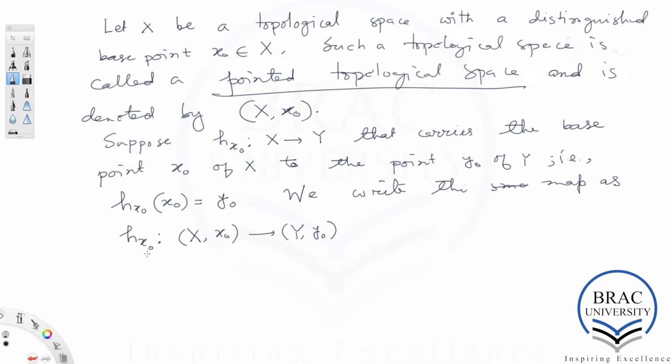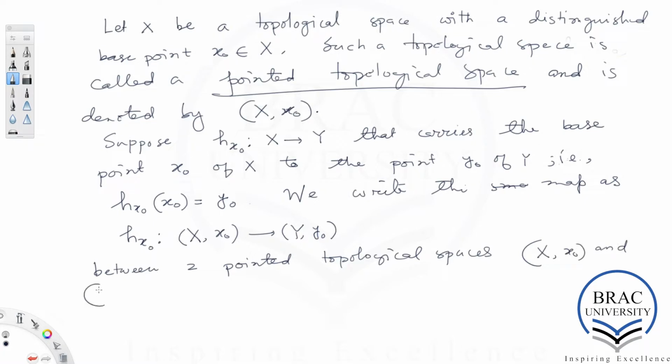This is called a based map between these two pointed topological spaces, (X, x0) and (Y, y0).